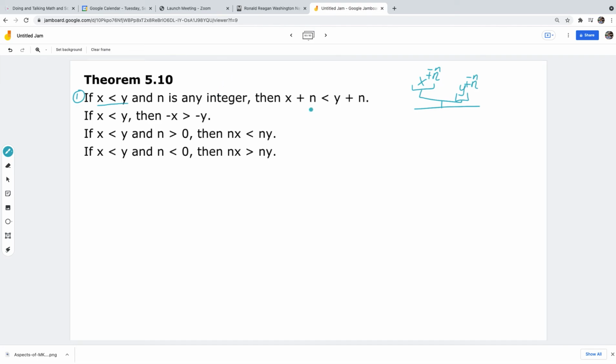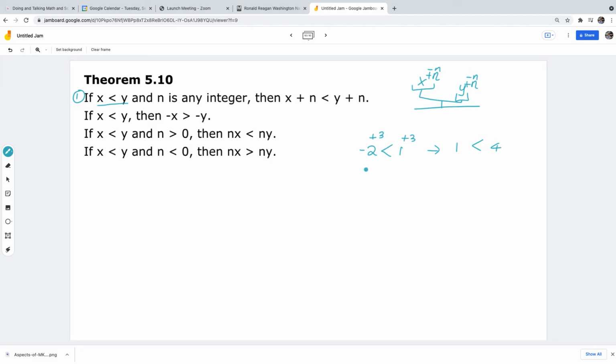That's what it means. For example, we know that -2 is less than 1, right? Because it's negative, it's less than 1. If you are adding the same number on both sides, it's still: negative 2 plus 3 is 1, 3 plus 1 is 4. Still the right hand side is heavier.